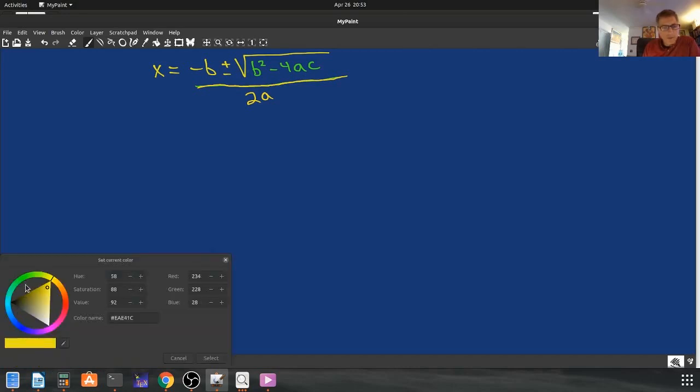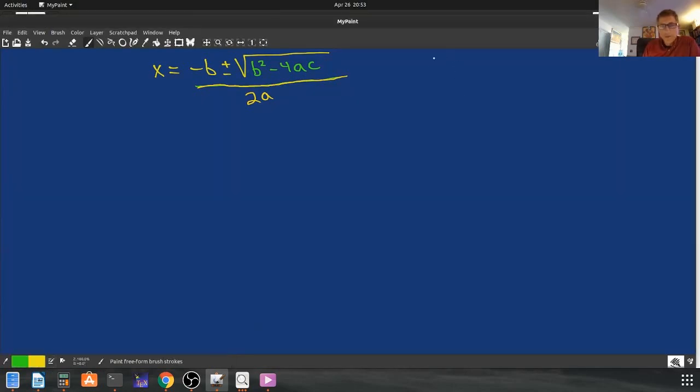So the discriminant is the value of b squared minus 4 times a times c. So this is actually a value. So the discriminant is given to you for a particular quadratic equation.